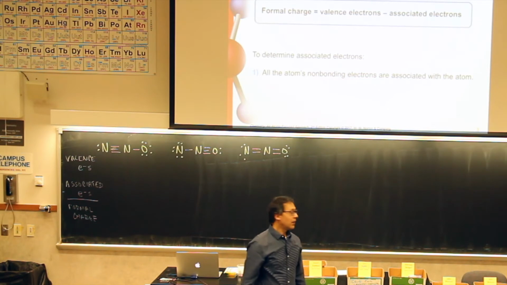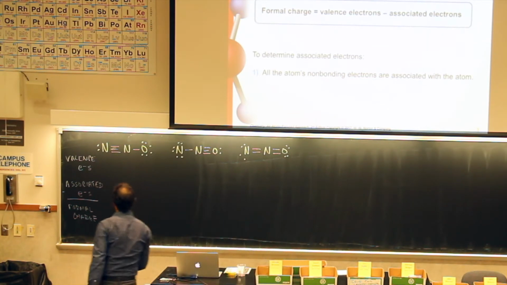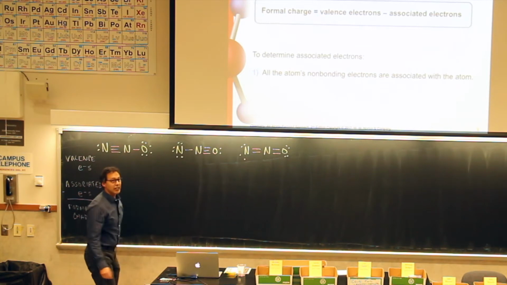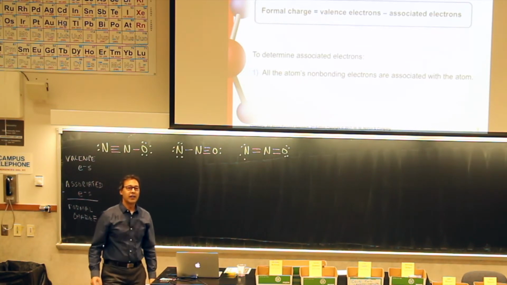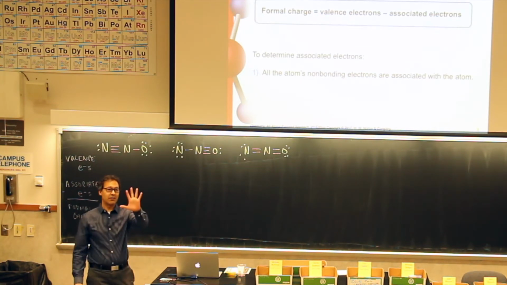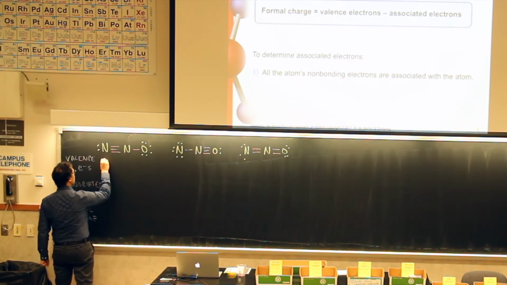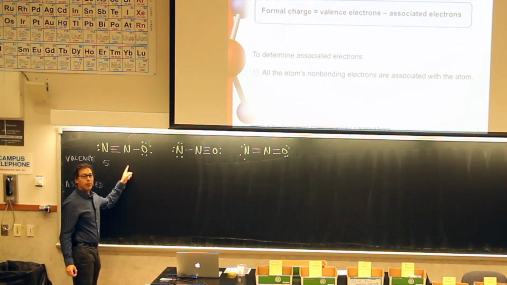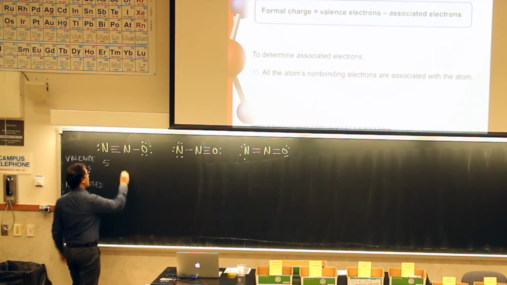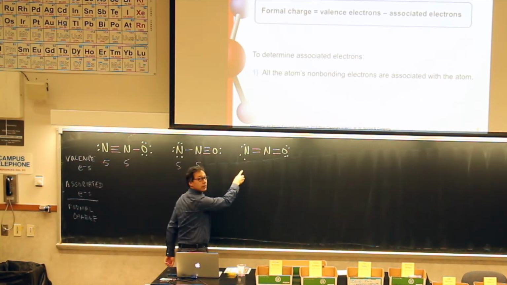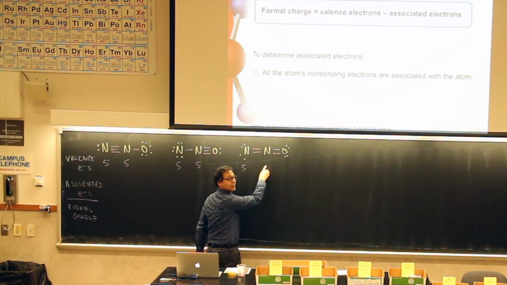All right, so Kara, can you help me out? I need to know valence electrons for nitrogen. If we look up on our periodic table, you find nitrogen? 5. Yep, okay. So valence electrons for nitrogen is 5, and for the other nitrogen, 5 and 5.